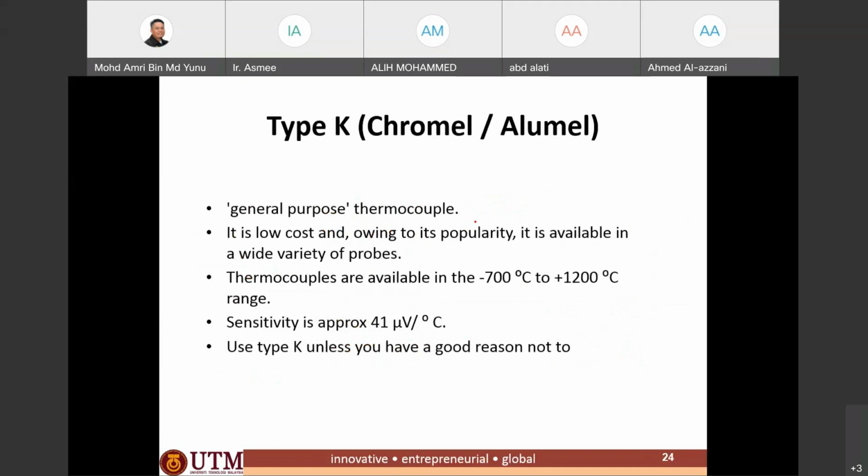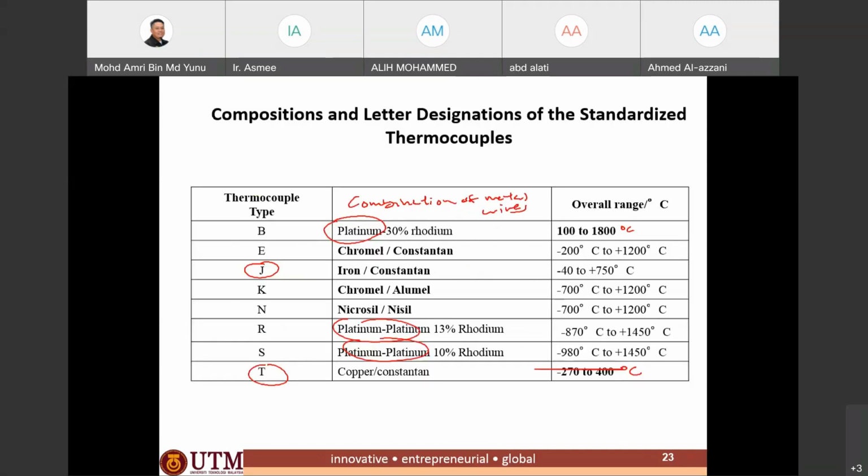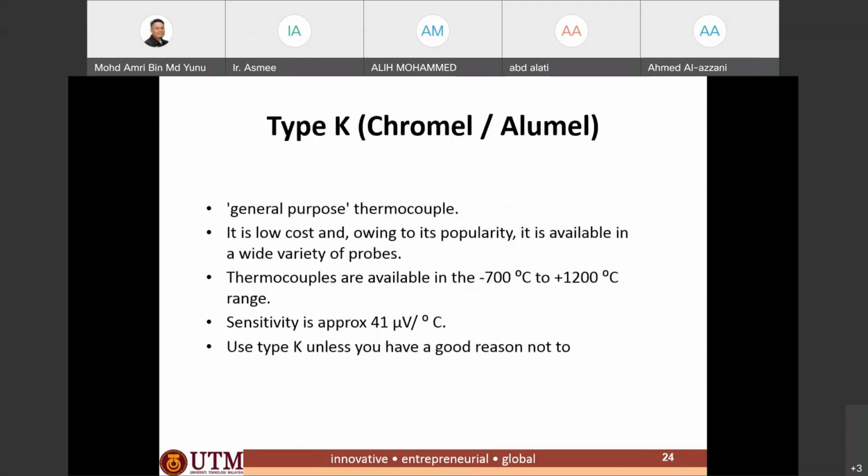These are some of the descriptions of the thermocouples. For example, type K is the general purpose thermocouple. It's a trade-off between the cheapest and the expensive in terms of cost.